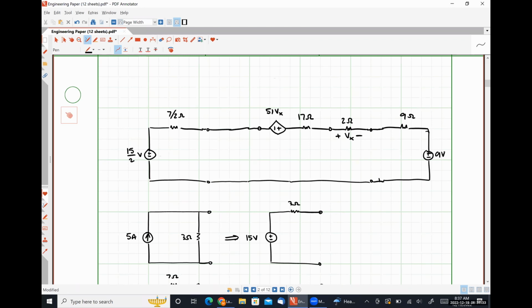This technique is absolutely useful, and we're going to get a lot more use out of it when we get to the steady state sinusoidal portion of our class, which is the last third of the class, where we can't really use nodal and mesh analysis as much as we are going to rely on it over the next couple of weeks, because our calculators are incapable of solving systems of equations that involve complex numbers, okay? So this is something that I'm introducing now in DC circuits that we are not going to get a whole lot of use out of until the later parts of the class.